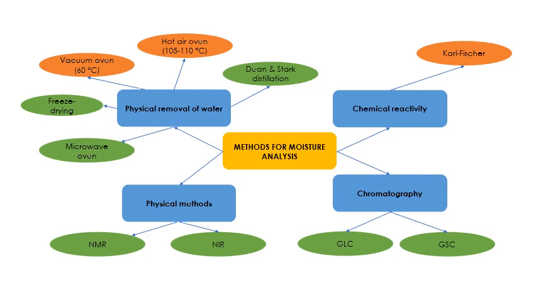The most commonly used method is the hot air oven, where you heat the food product up to 105 to 110 degrees Celsius. There's also another method such as the vacuum oven with lower temperature. We also have freeze drying, microwave oven, and Dean-Stark distillation.